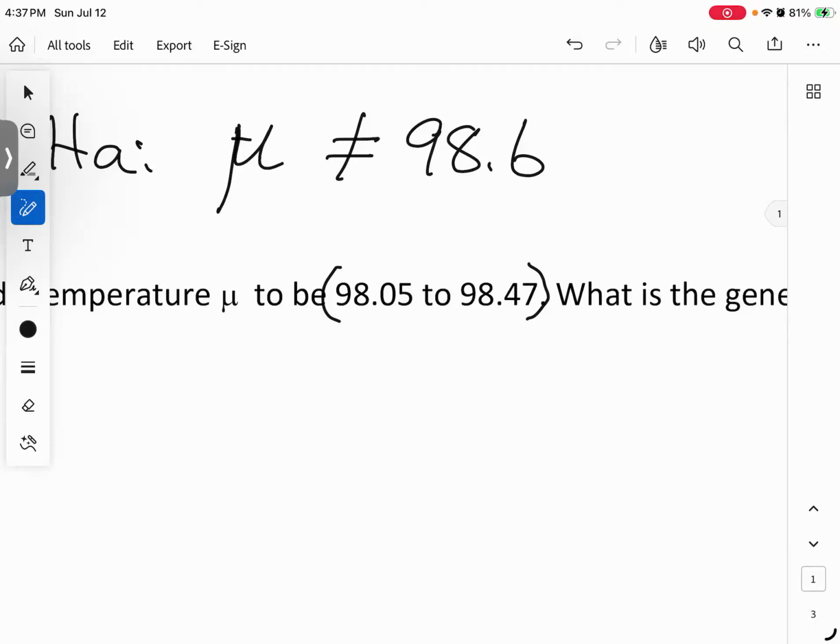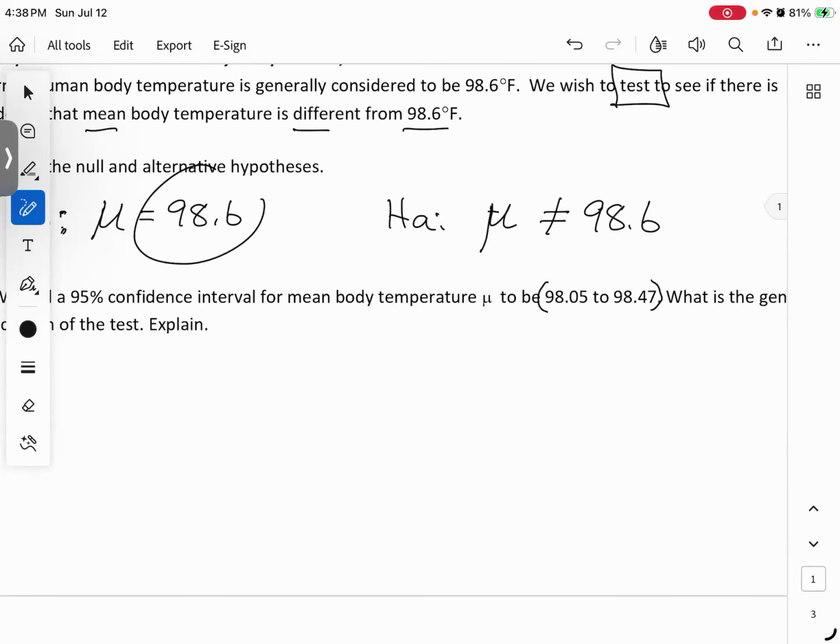Is 98.6 in that interval? Well, here it is. 98.6 is not in between those two numbers. It's actually like over here, on the outside, like too big or too large of an estimate.